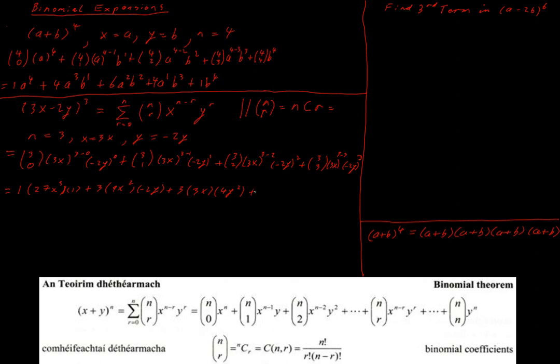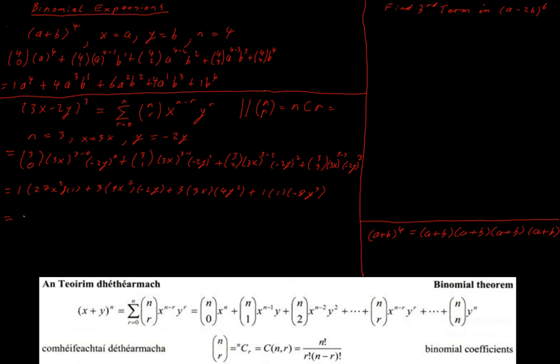And 3 choose 3 is 1 on, this would just be 3x to the power of 0 would be 1 on minus 2y cubed would be minus 8y cubed.